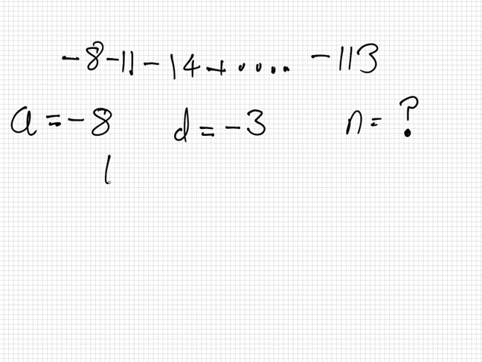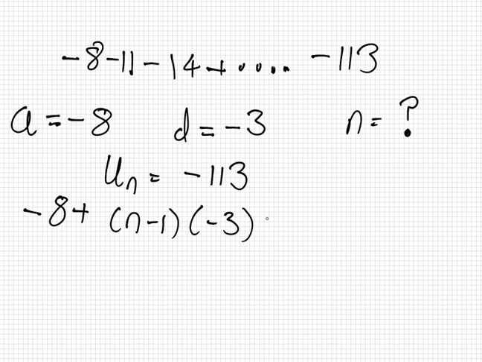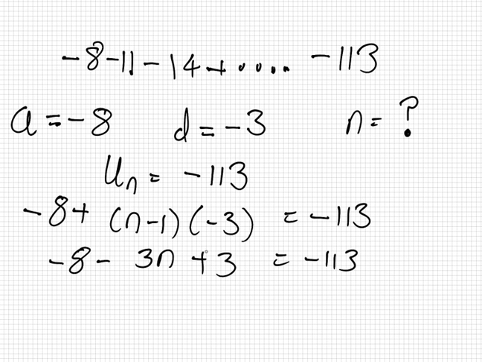I make un equals minus 113. So I get a plus n minus 1 d equals minus 113. This can give me the n. Minus 8 minus 3n plus 3 equals minus 113.